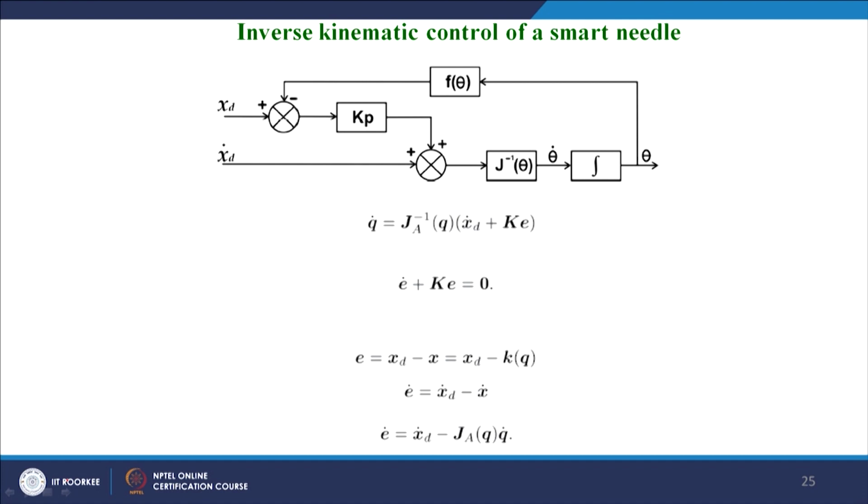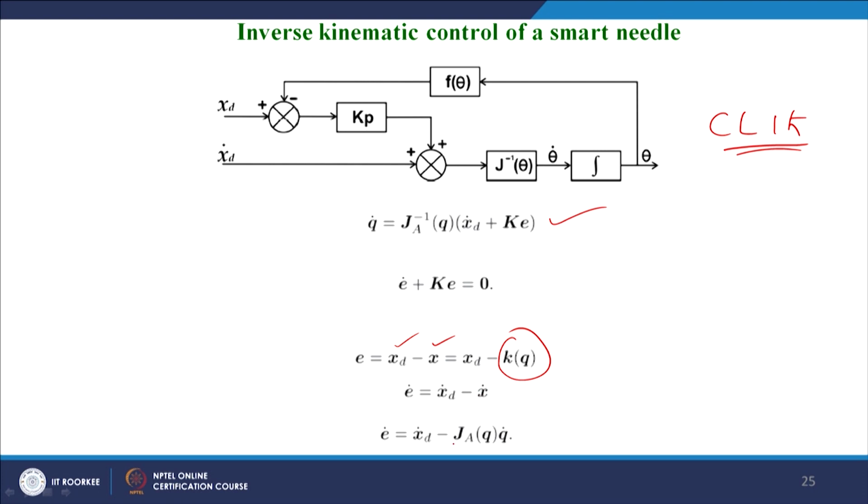It has been controlled through inverse kinematic control provided by the closed loop inverse kinematic algorithm, where the control law is Q dot equal to J pseudo inverse into (X_D dot plus K E), where E is the error between the desired position and the actual position of the needle tip, and the actual position is given by the forward kinematics, and the desired position is the one we are feeding it, and E dot, the derivative of E, is given by X_D dot minus X dot.